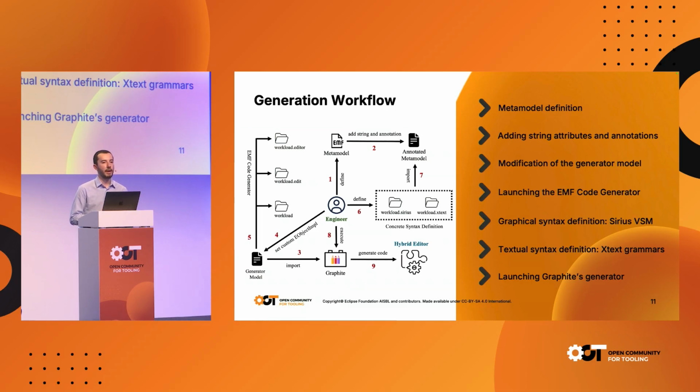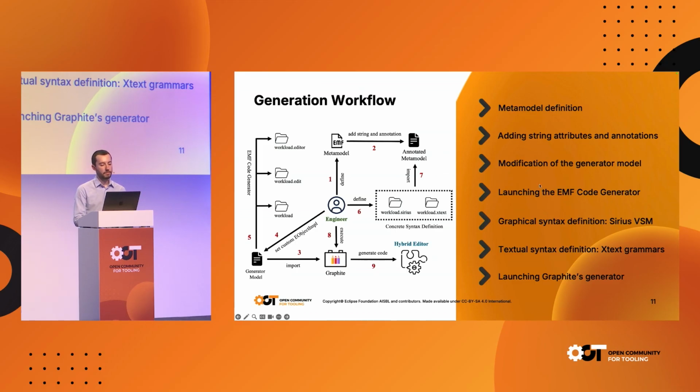Specifically, one property has to be changed because by default, the generator model has a default EObject implementation, the default EObjectImpl class provided by EMF. Well, with Graphite, you cannot use that. You have to specify a custom EObject implementation. And this class is already provided by Graphite. You just have to set the property that specifies the value of this class.